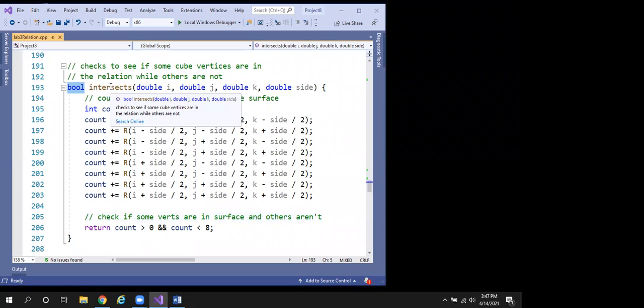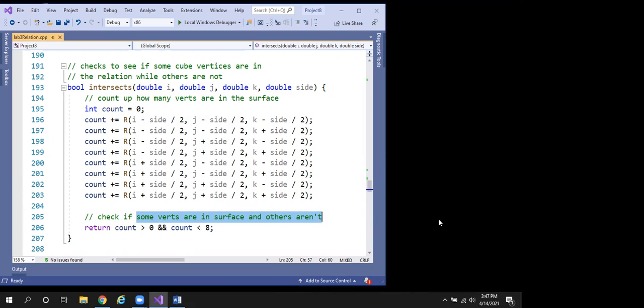Does the cube intersect the relation or not? If the count is greater than 0 and less than 8, that means some vertices are in the relation and others are not, and those are the cubes that I want to draw. If it's all the way inside, I won't draw it. If it's all the way outside, I won't draw it.